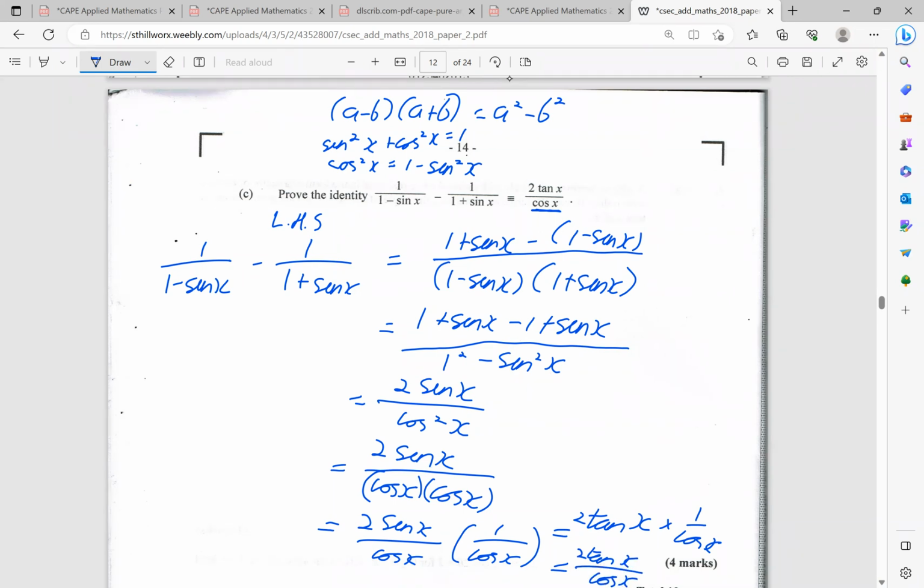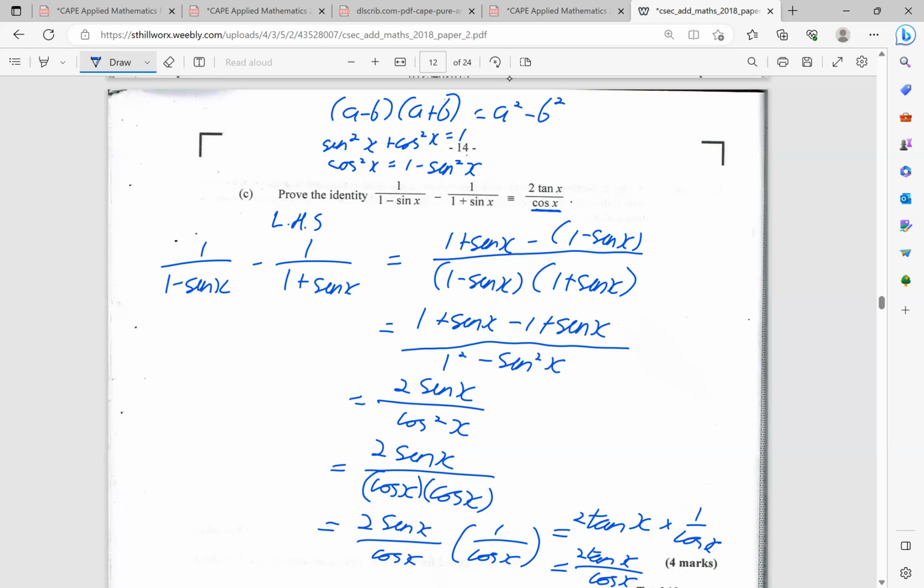So let me show you the thought process again. I find the LCM. Once I find the LCM, I get my 1 squared minus sine squared x below, 1 plus sine x minus 1. Minus by minus gives me a plus. Next thing you have to do, you get 2 sine x over cos squared x. Now, I need to get cos x alone.